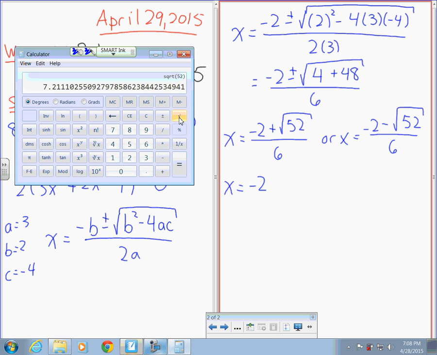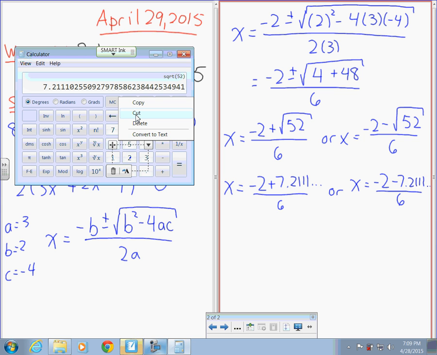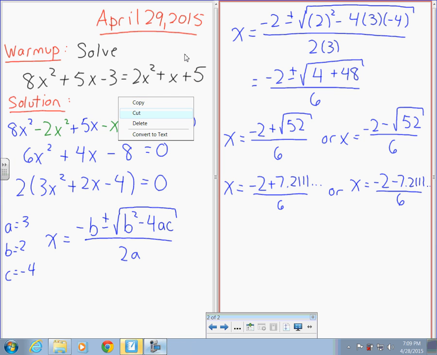So x is negative 2 plus 7.2111, all over 6, or x equals negative 2 minus 7.2 all over 6. All right, so when I do this in my calculator, I'm going to say 2, sorry, I have to close that, sorry.